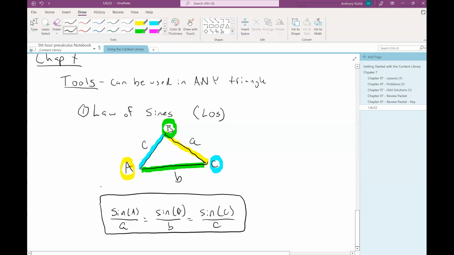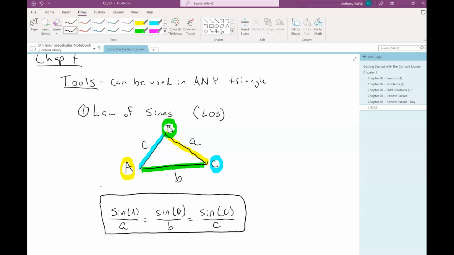So what the law of sines says is that sine A over A, that ratio is going to equal sine B over B, which is also equal to the ratio of sine C over C. Everybody's okay with that? It's a pretty simple formula, right?